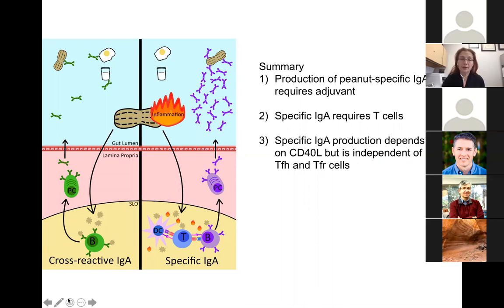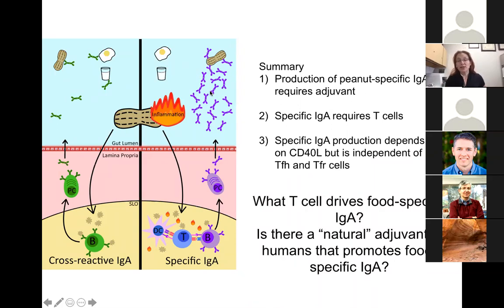So the same type of rules that we think about between a TFH and a B cell are occurring in the secondary lymphoid organ, which we actually don't know which one that is in the gut, but is inducing a very strong B cell response that's highly specific. It's not binding to a lot of other antigens, and it's really neutralizable by peanut alone. And so an open question that we're still really actively working on is, what's the nature of this T cell?